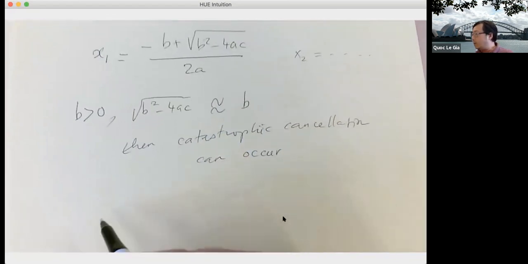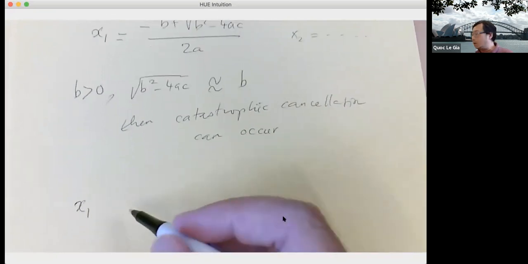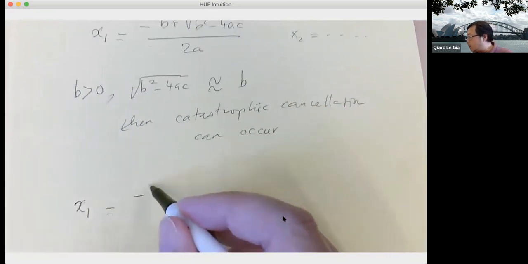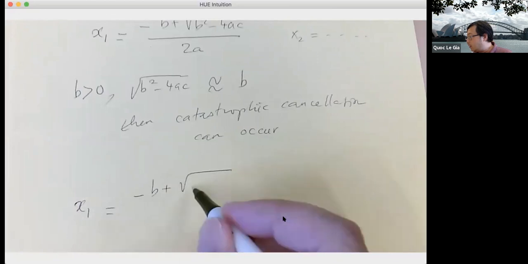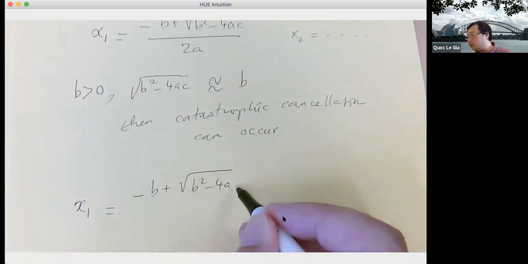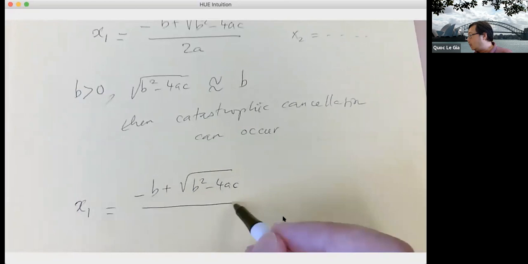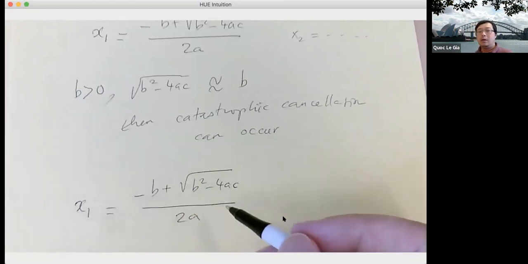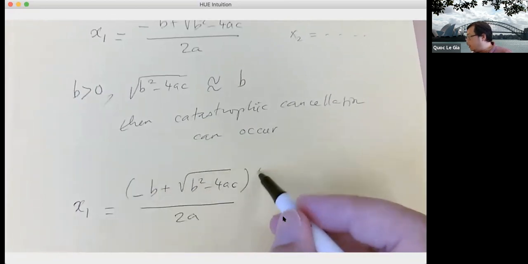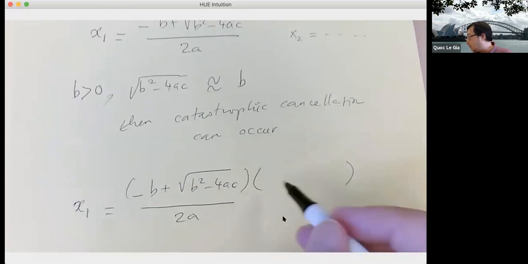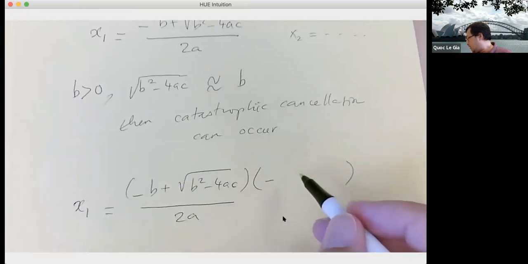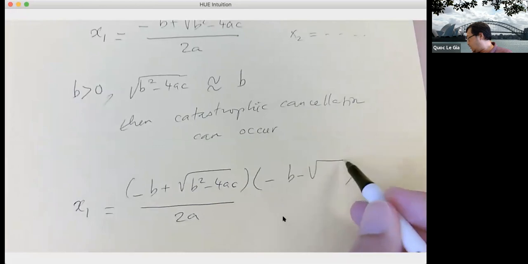Okay, so one way to fix it is to use different formulas. So now, suppose I take x1 equals minus b plus square root b squared minus 4ac divided by 2a, and I multiply by the conjugate of this expression.